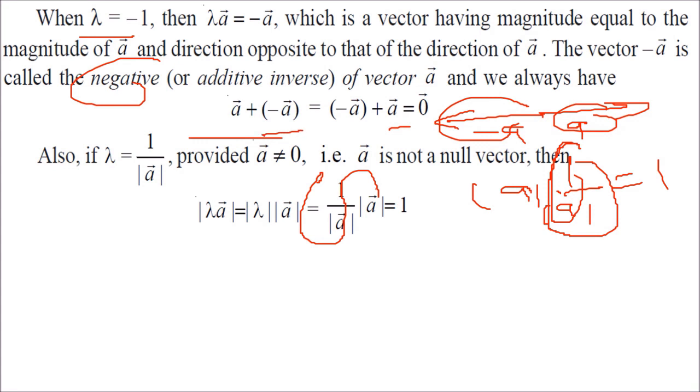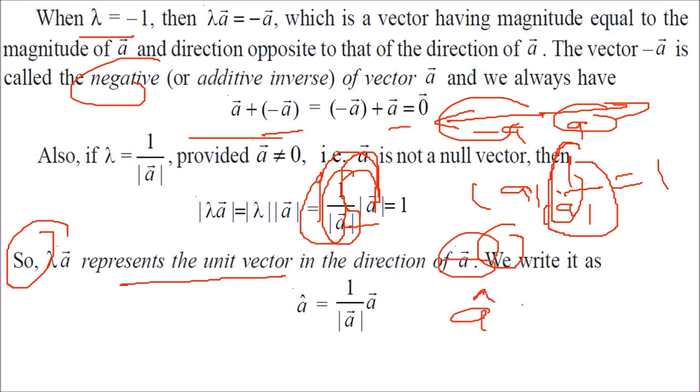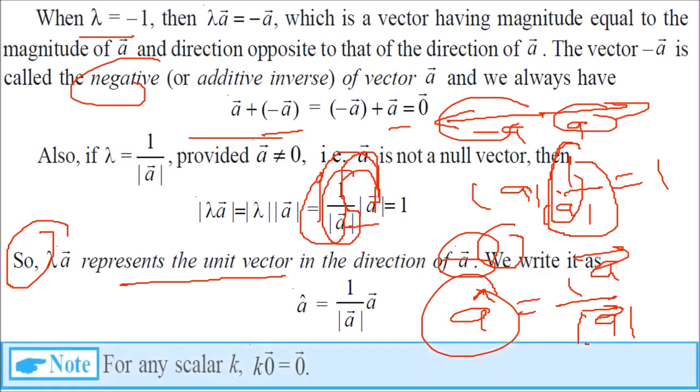This is the additive inverse and this is the multiplicative inverse, because when we multiply both of these, we get 1. And this lambda a represents the unit vector in the direction of a. So we just write a cap is equal to 1 by mod of a, that is, the magnitude of a, times the vector. So this is a cap, the unit vector in the direction of a.